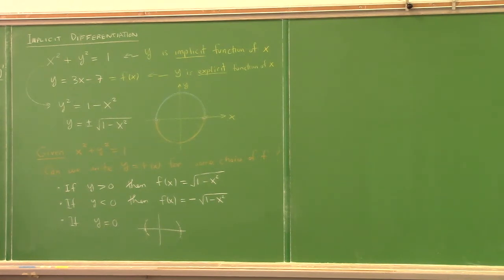All right? So it's not automatic that when we're given an equation in terms of x and y, we can necessarily solve for y as a function of x at a given point, right? It's a local thing. If we're given a point, and it's the right kind of point, we can solve for y as a function of x. But that's not guaranteed, all right?